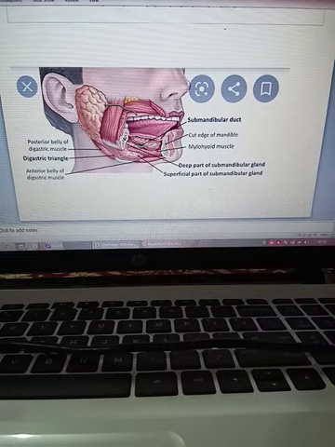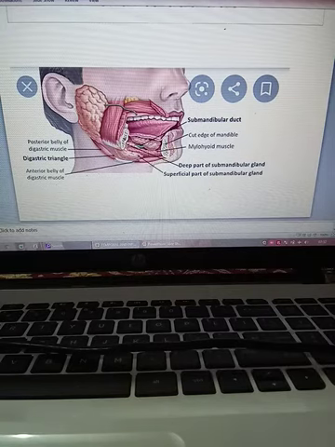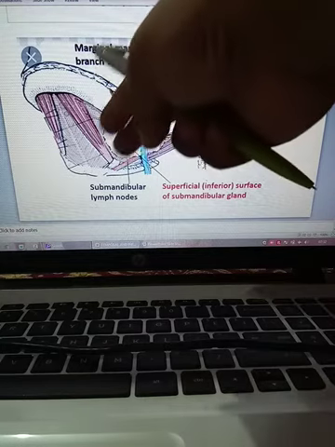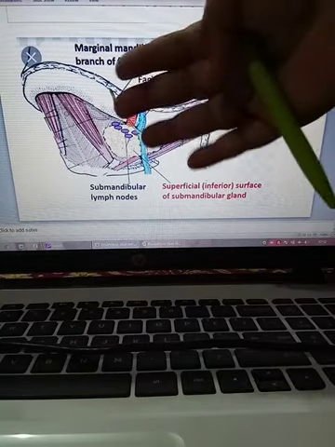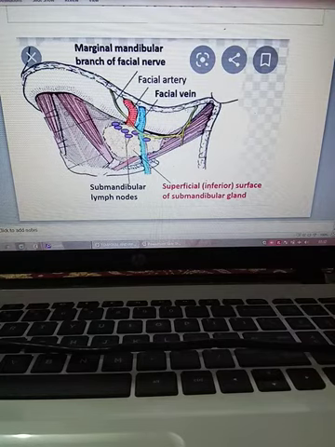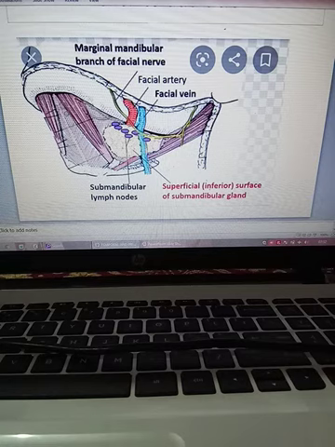If we talk about the relations now, see the inferior surface. If we look inferiorly, what will you come across? First of all, you will have to lift the skin. After lifting the skin, you have a thin membrane-type muscle here, that is called the platysma.